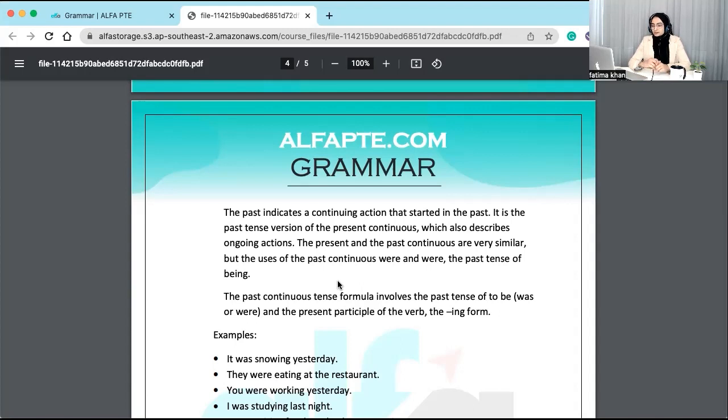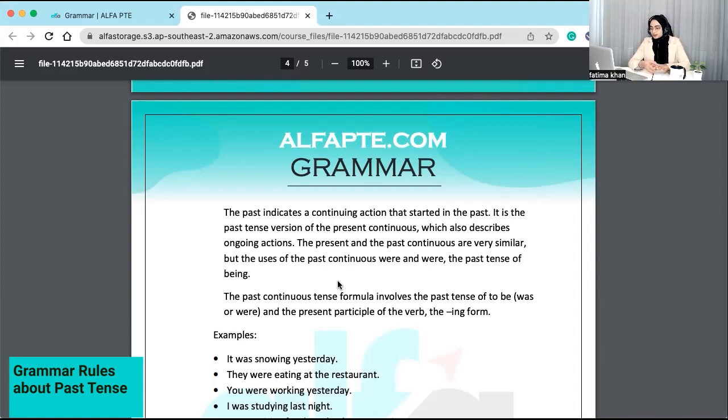Then, to put it simply, it is used to show that something was happening and was interrupted by another action. For example, something which is habitual that occurred in the past, but it's not happening in the future.